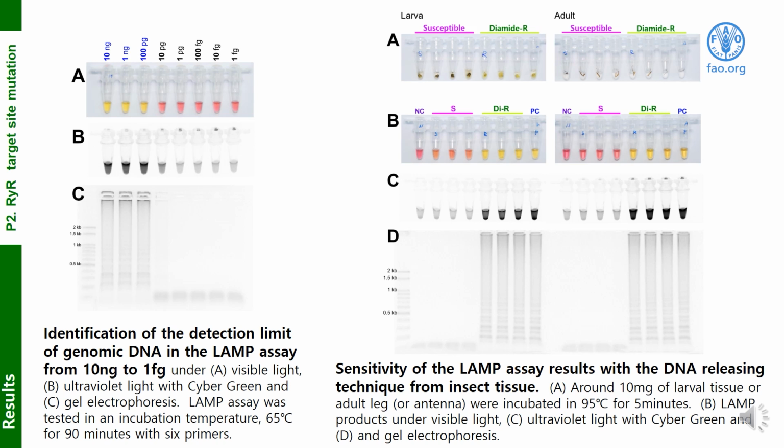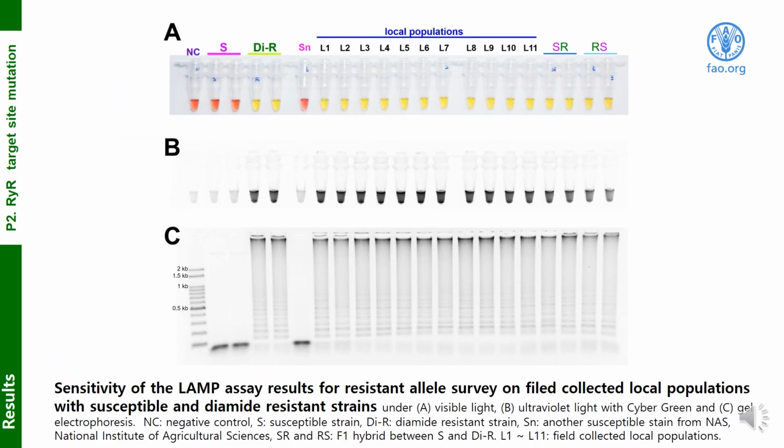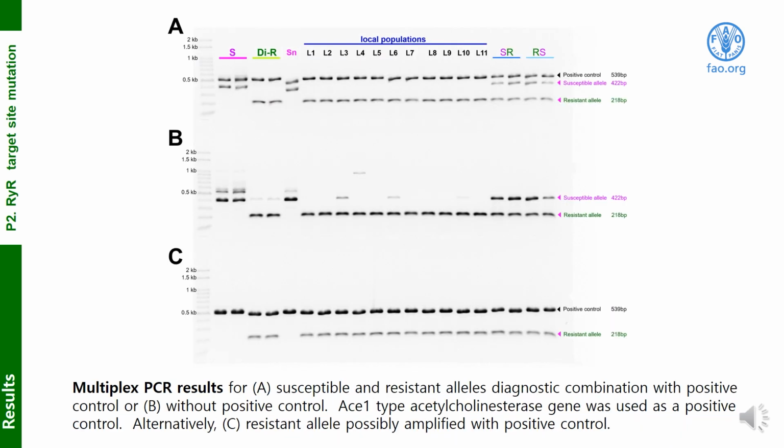When we applied it to local populations, untested local populations showed early resistance, and it can also be modified into multiplex PCR. The multiplex PCR result is almost the same as the LAMP result. So this is a good example of how to diagnose insecticide resistance and how to select an effective insecticide.